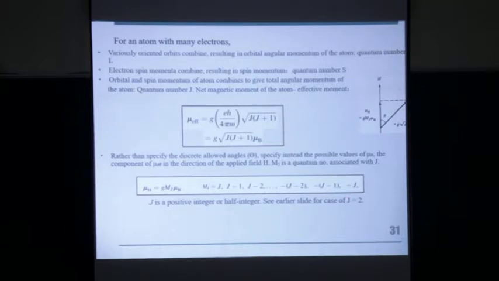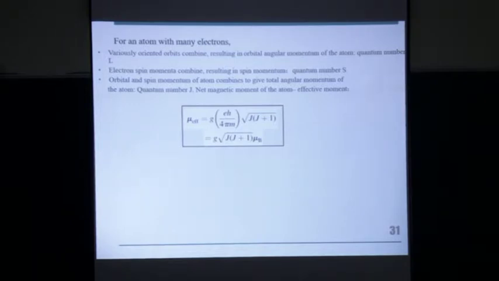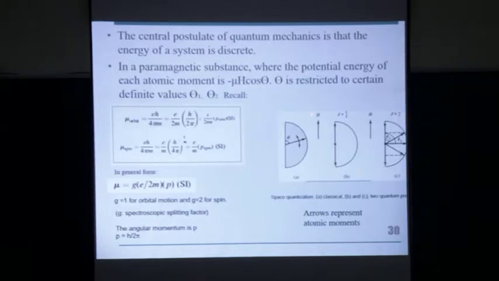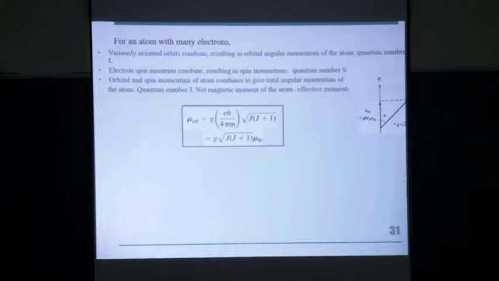J need not be only integer, it can be half integer. So if J is equal to half, then you will have plus half, minus half, 2 values, right? So you can get J equal to half, J equal to 2. So this is the way we understand the quantum theory of paramagnetism.